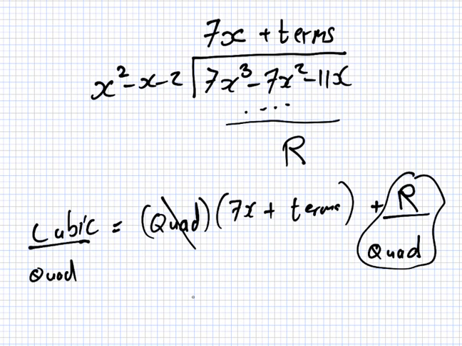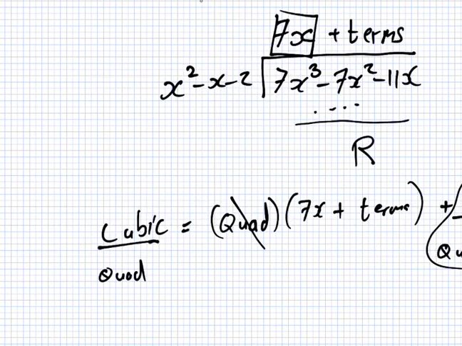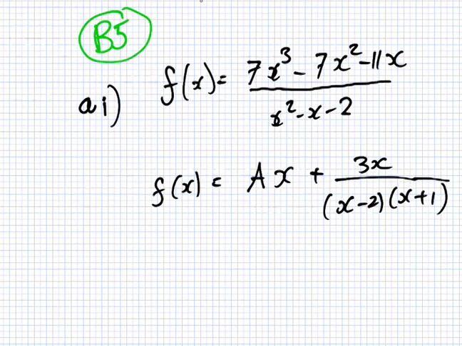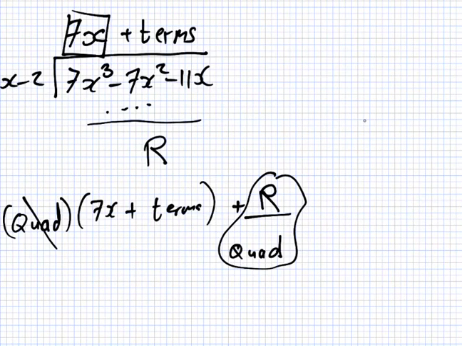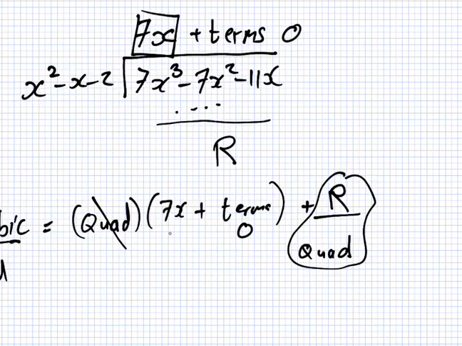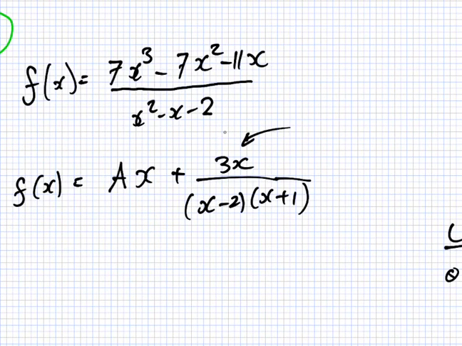I knew that when I got to here, that 7 up the top will appear, and that's what the A will be. And because the answer is like this, it makes me think that this piece here will be 0, because this is what's going to be the remainder in the long division.